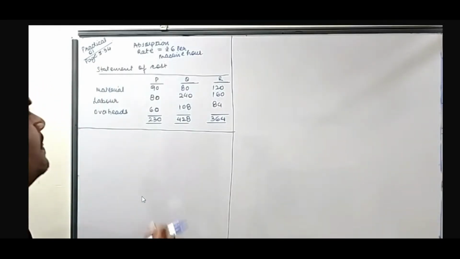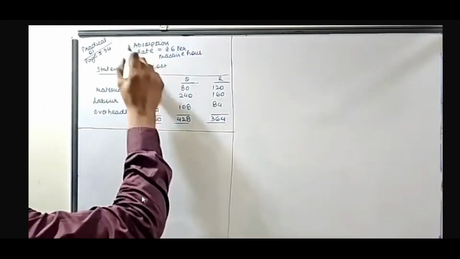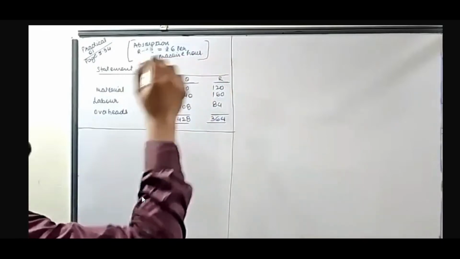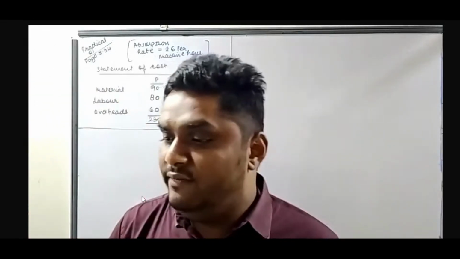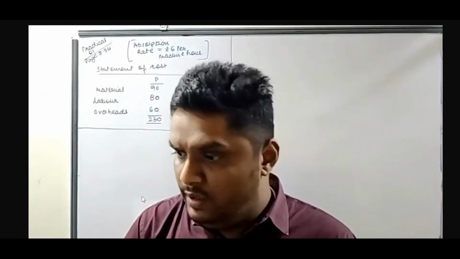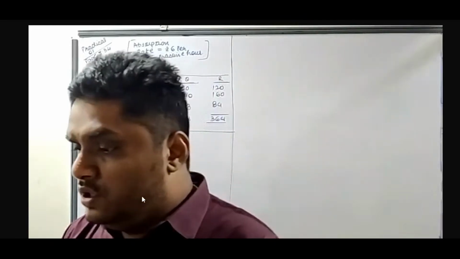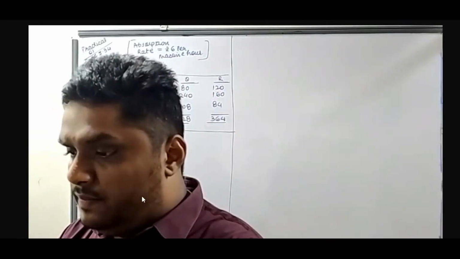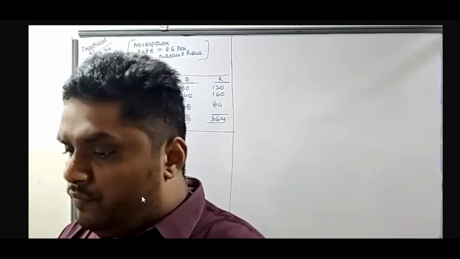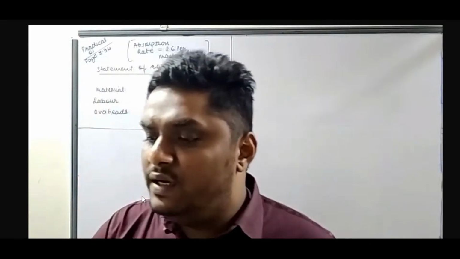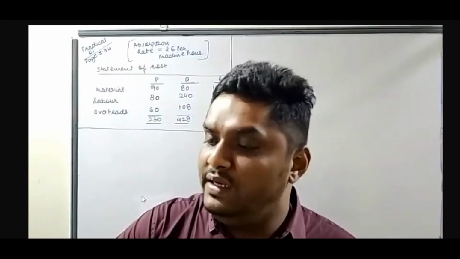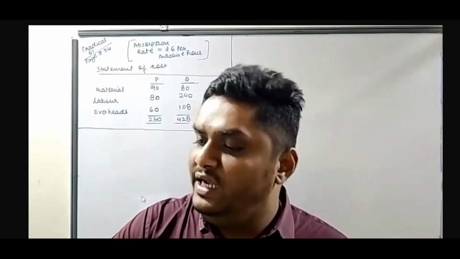See, we have got the absorption rate as ₹6 per machine hour. It is given in the question that the overheads are absorbed on the basis of machine hours. So it is ₹6 per hour. Now, machine hours are also given. That is, for P, we require 10 machine hours. For Q, we require 18 machine hours.